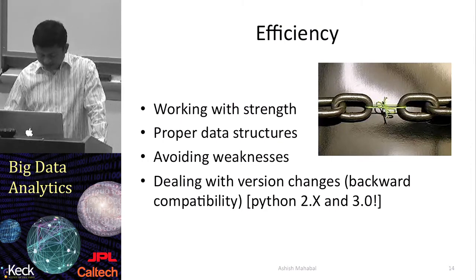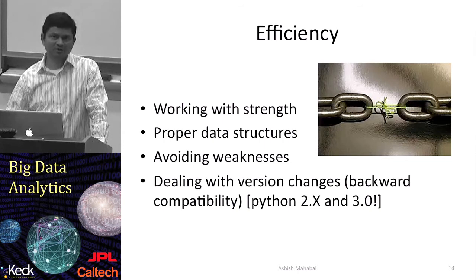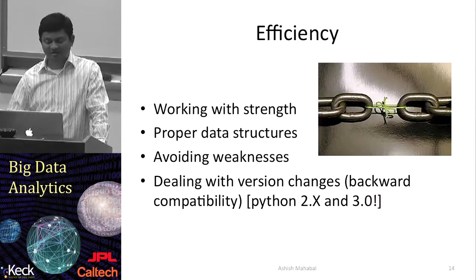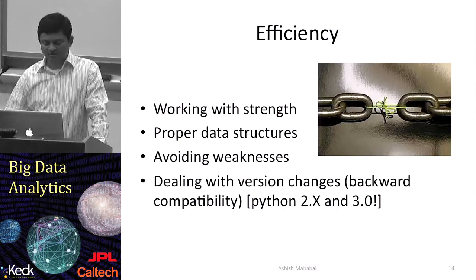A specific example is compatibility, where Python 2.7 and Python 3, many people have not made a switch from Python 2.7 to Python 3 because something as fundamental as the print statement has changed, and obviously people don't want to go back and change all their print statements. So this was a case where backward compatibility has not been built in for whatever reasons, but one has to be aware of that, and when one is writing programs, one has to make sure that the trade-offs are taken into consideration correctly.